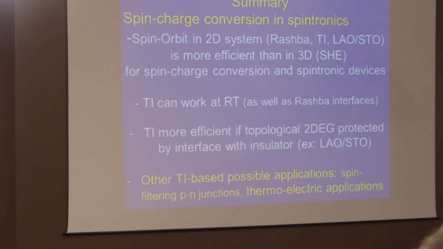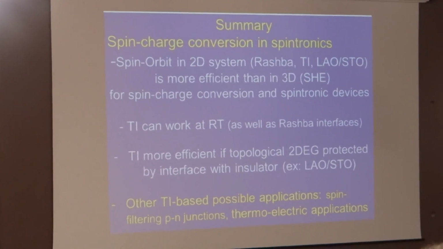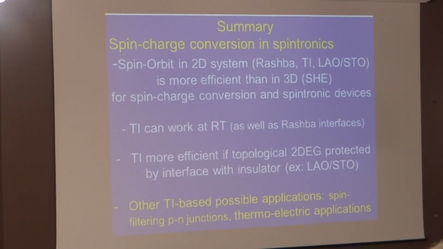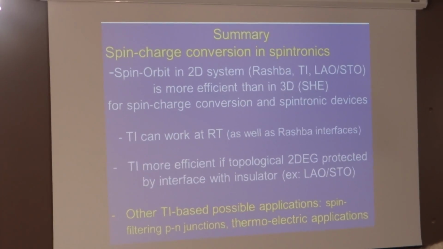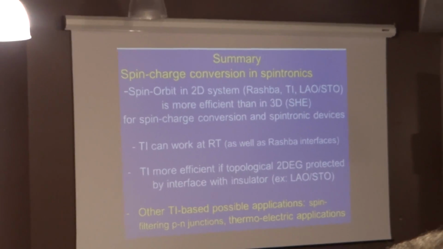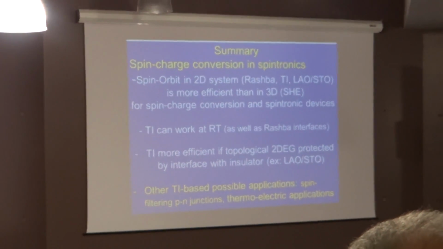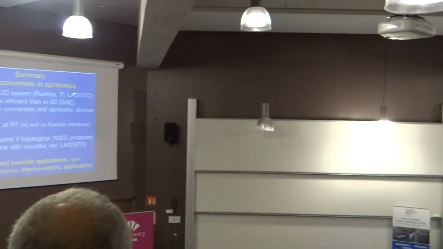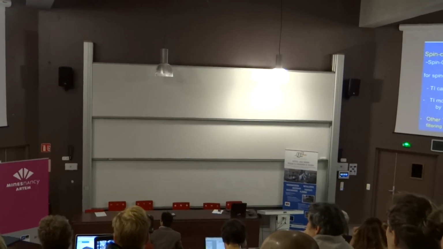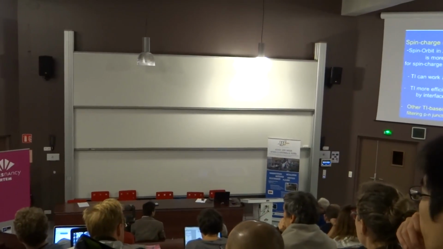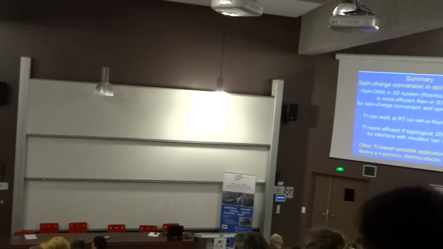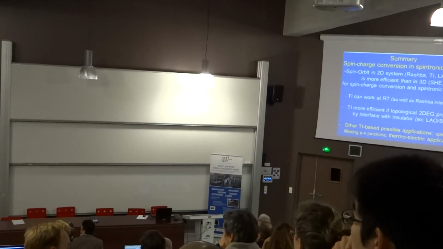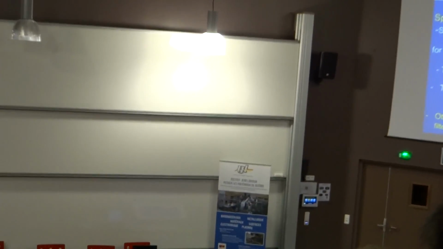So if I want to summarize the talk, my general conclusion is that spin-orbit two-dimensional systems, Rashba, topological insulator, LAO-STO, are much more efficient than 3D bulk systems with the spin Hall effect for spin-charge conversion and spin-orbitronic devices. Topological insulators can work at room temperature.